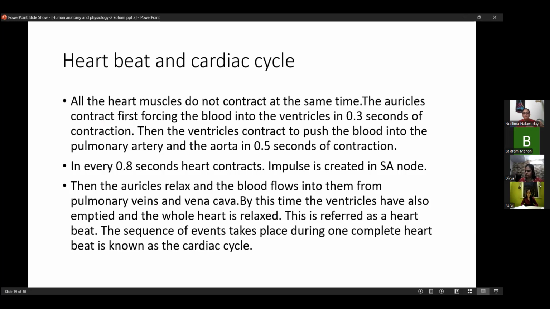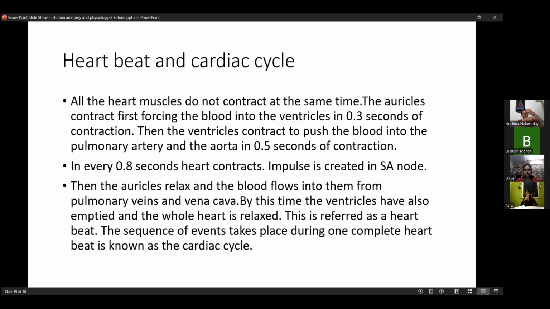All the heart muscles do not contract at the same time. The auricles or atria, meaning the first chambers, the upper chambers, both the auricles, right and left, contract first, forcing blood into the ventricles. So just imagine upper chambers and lower two chambers.